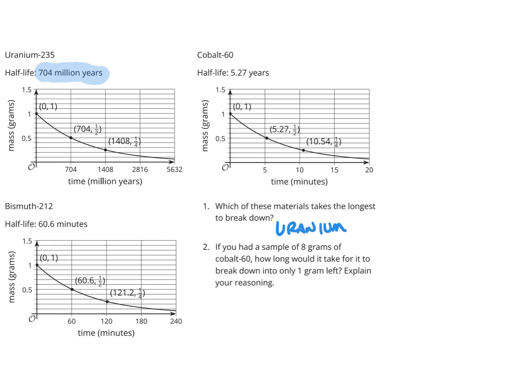Okay, if you had a sample of 8 grams of cobalt 60, so cobalt 60 is here at 5.27 years, how long would it take to break down to only 1 gram? Okay, so let's see. If I had 8 grams, half of it breaks down to 4 grams, and then I times it by another half, I get 2 grams, and I times it by another half to get 1 gram.